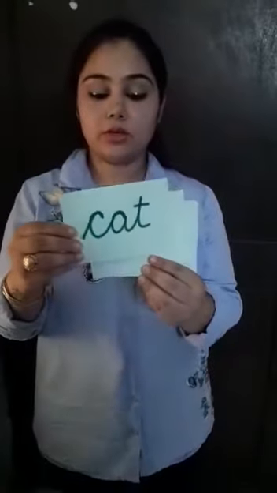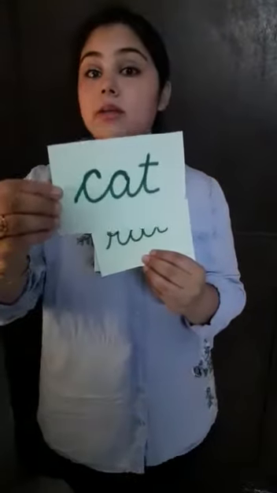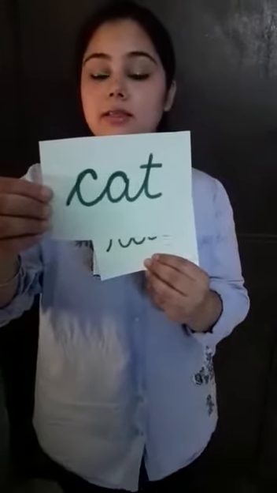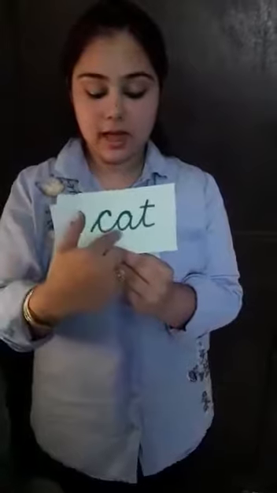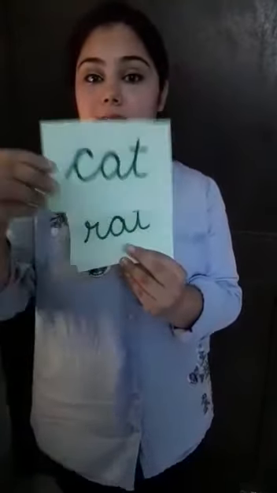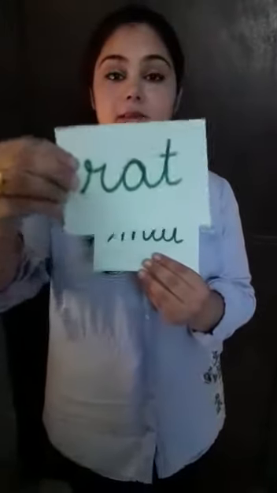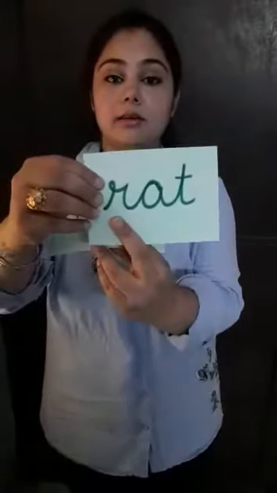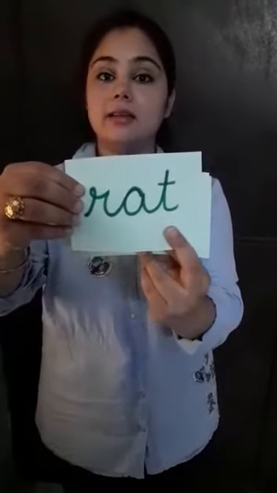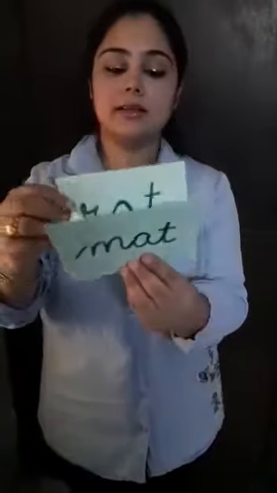See, now I'll show you some words, 3-letter words. See, 3-letter words look like this. See, k, a, t. It's cat. Next is r, a, t, rat.